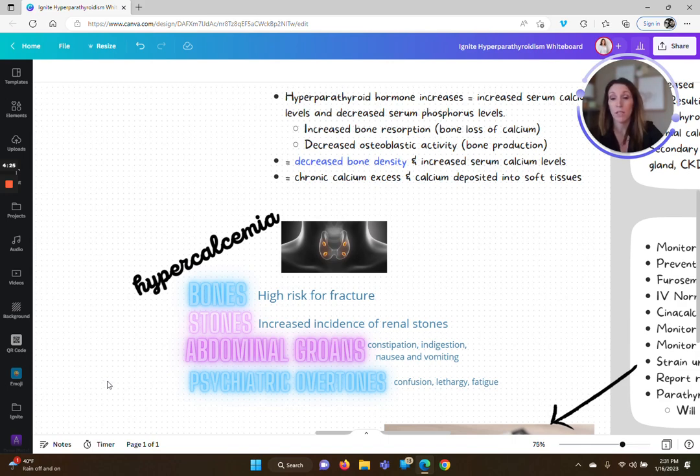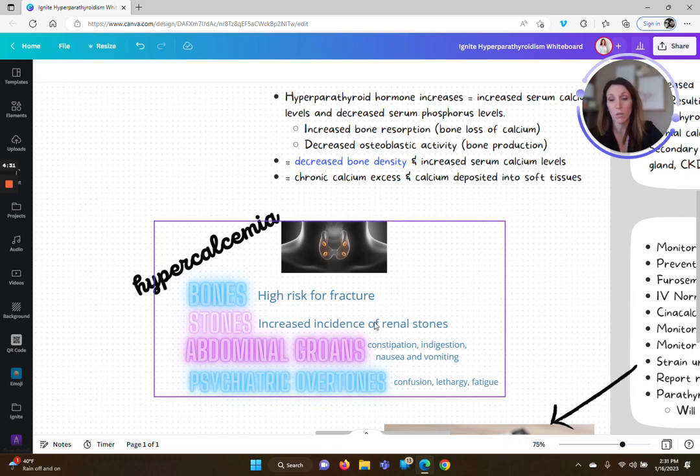So bones is this high risk for fracture. Stones is increased incidence of renal stones, the kidney stones that basically feel like a bus coming out of us, but they're really teeny tiny, measured in millimeters, not even usually centimeters. And then abdominal groans, so we have constipation, which if you think about it, if we take a calcium supplement, it can lead to constipation.